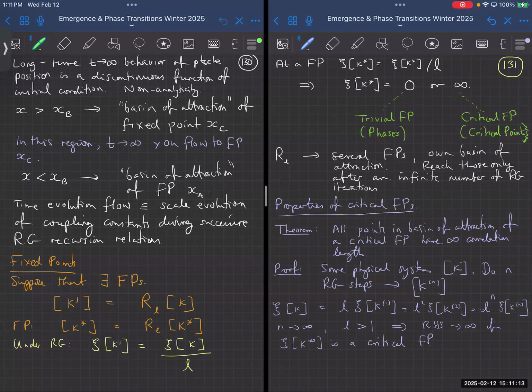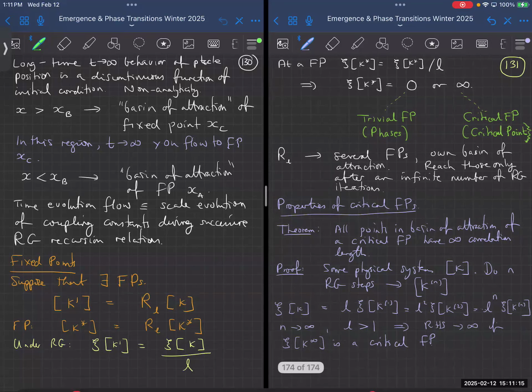So that means that if the initial starting point describing the system, coupling constants K, were in the basin of attraction of a critical fixed point, then it has an infinite correlation length.